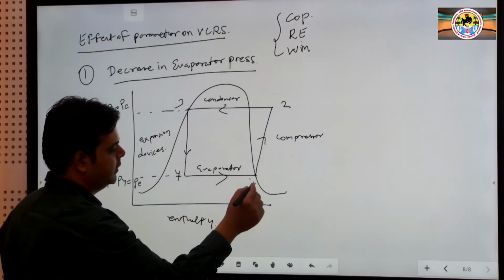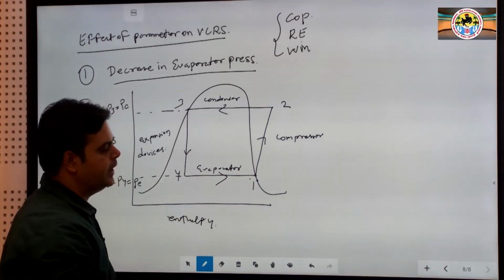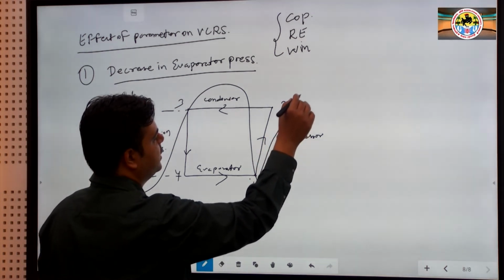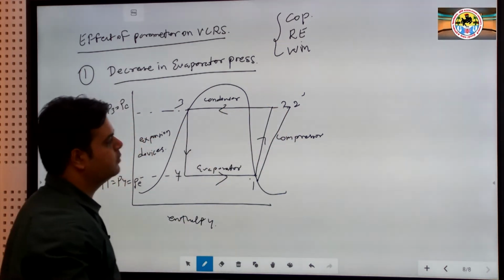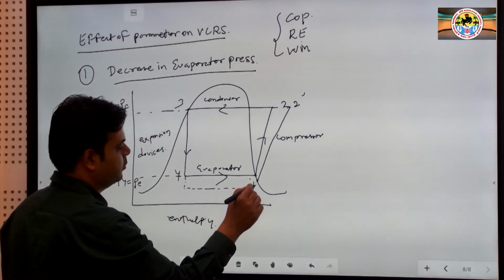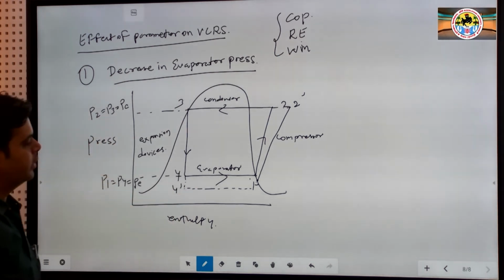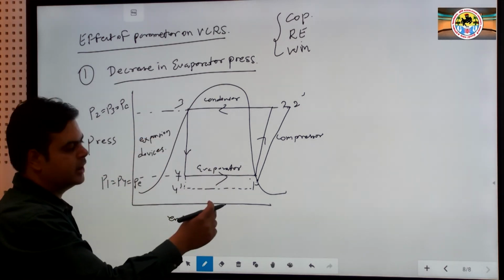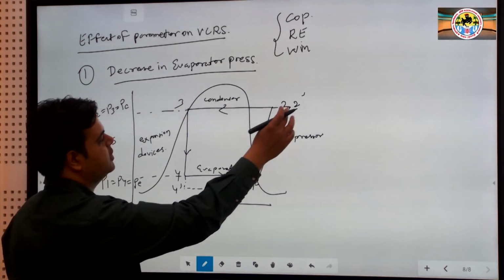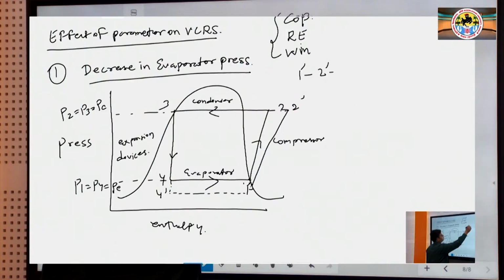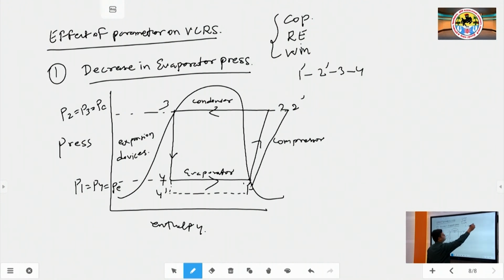When we decrease it, the cycle becomes 1 dash, 2 dash, 3, 4 dash, 1 dash. This one is the new cycle, while the initial cycle is 1, 2, 3, 4, 1.